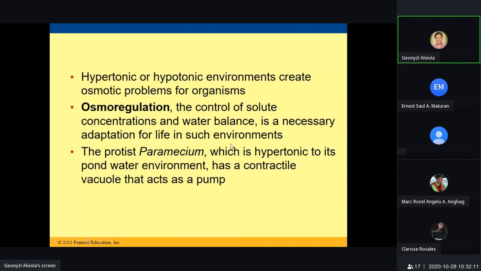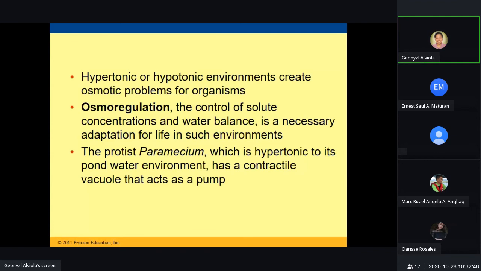How about itong mga paramecium, katong mga unicellular organisms nga naa sa fresh water? Copepods, meron silang mga calcified coverings. Katong mga soft-bodied animals naman, mucus lang gihapon ang defense nila.